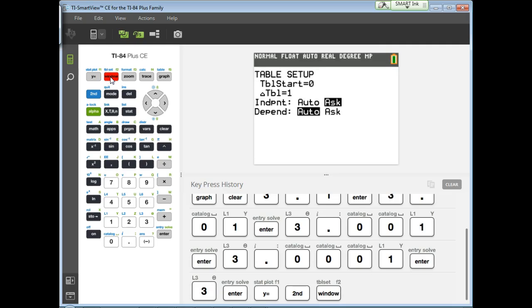That means I control what the x's are. It won't automatically fill them in. So I'm going to choose some weird funky x's. After you get your function typed into y equals, go to table set, which is above window, and make sure your independent is in ask mode. That's all you need to be careful about. Dependent should be in auto, but independent is in ask mode.